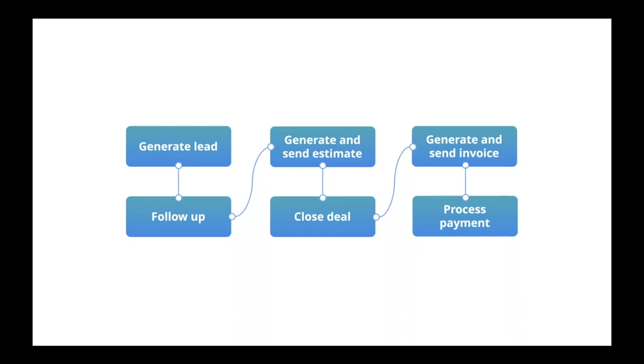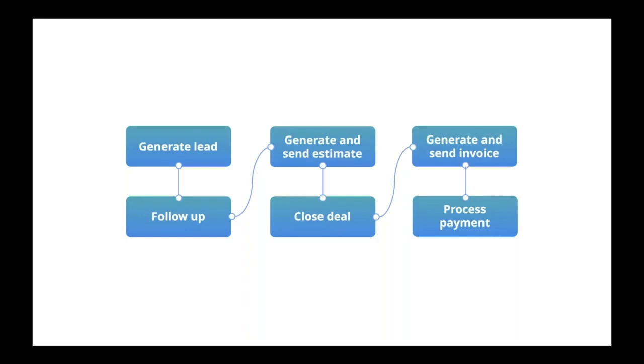We have live chat, we have forms, we have a whole bunch of things that you can use to generate your lead. And once that lead is generated, it will get added to the CRM. And within the CRM, you're able to follow up with your leads and attempt to qualify them.